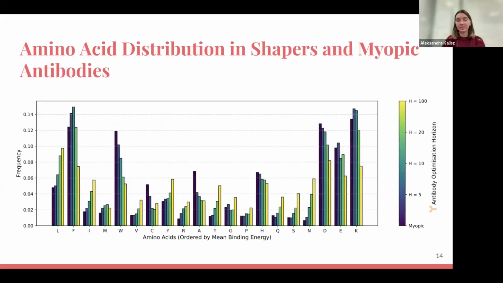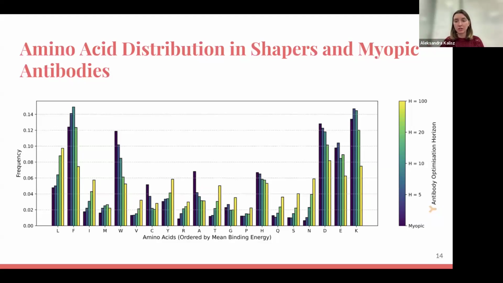All right. So then we wanted to understand this behavior a little bit better. We wanted to understand what makes the Horizon 100 antibody shapers influence this viral behavior. Our first attempt at understanding this was very simple. We were just going to look at the amino acid distribution in antibodies optimized in different ways.